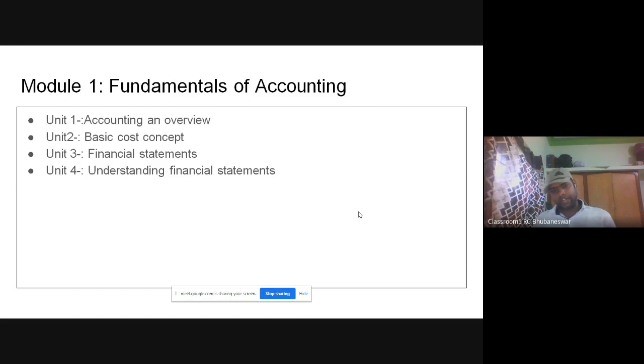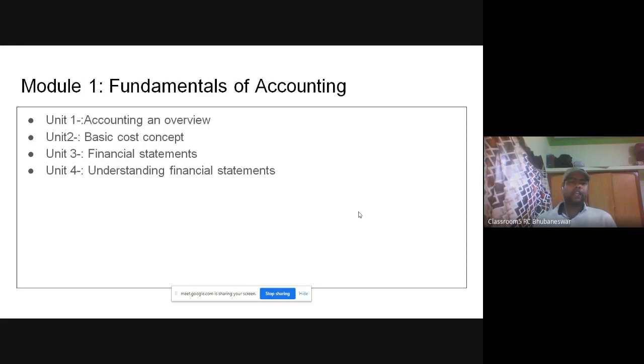Then the financial statements, relating to different financial statements and their preparation, such as the comparative balance sheet, common size balance sheet, ratio, and also the cash flow statement. Everything is coming under that one. Then we will discuss some part of these financial statements under understanding of financial statements and its interpretation part. So these 4 units are coming under module 1, which is fundamentals of accounting.